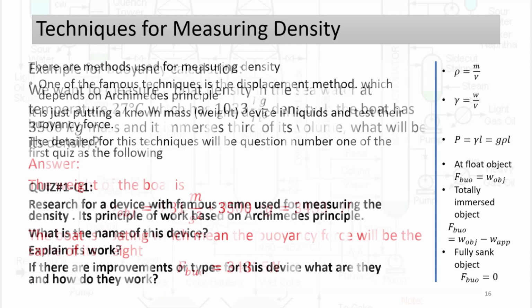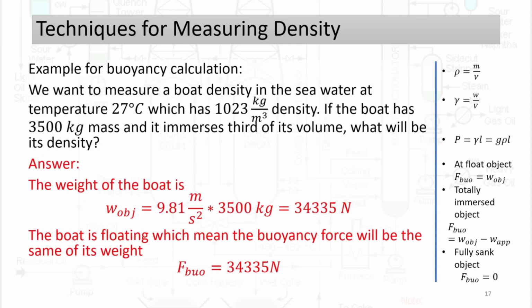Now let's go to the other technique. But before that, we need to do some calculations just to get more understanding of the buoyancy idea. If I have a boat, of course I want to know the density of this boat.